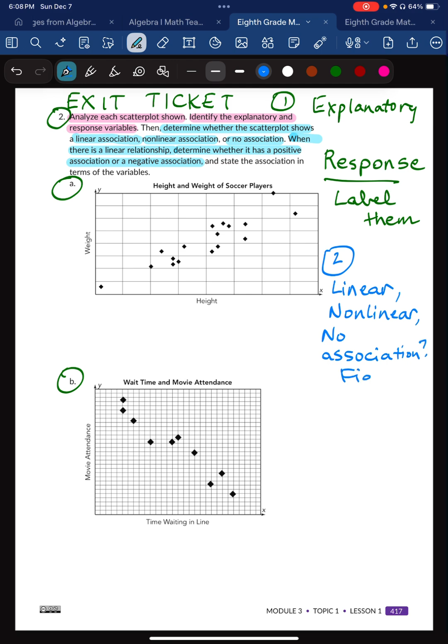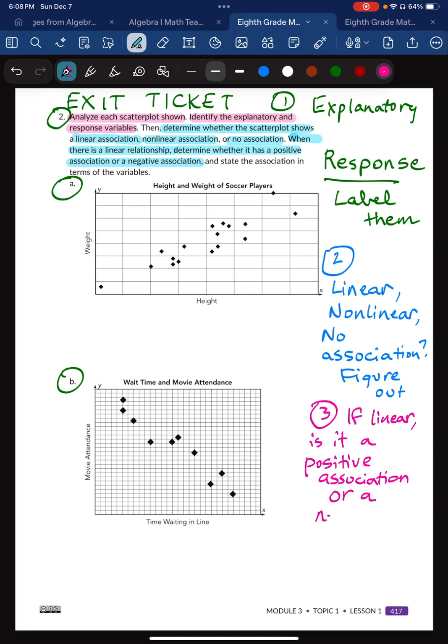Figure out. Number 3, if linear, is it a positive association or a negative association?